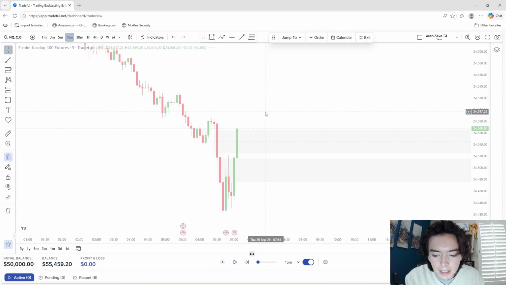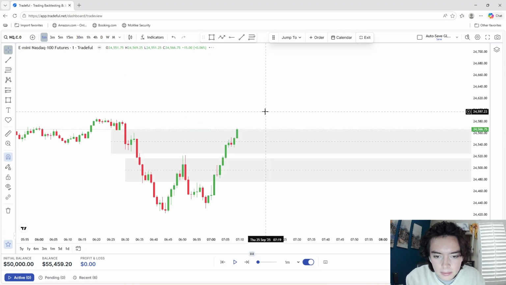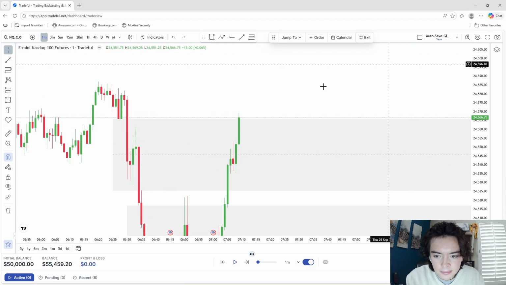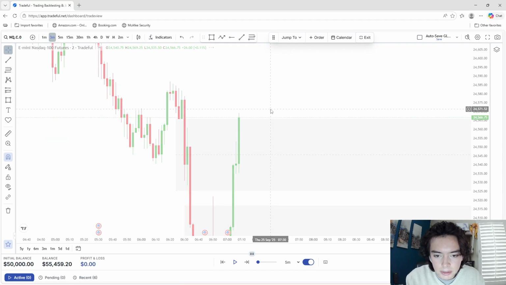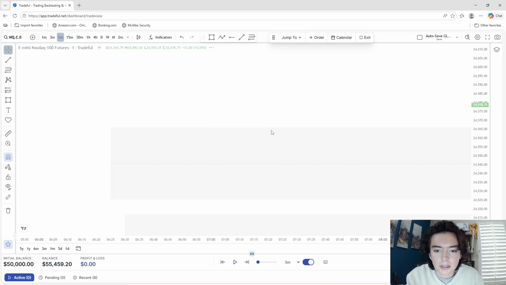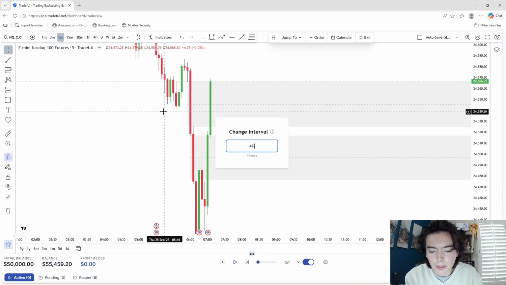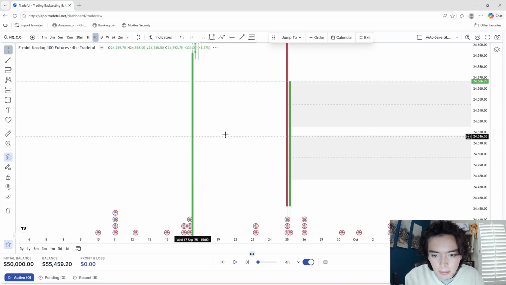I do like an idea for longs. It's not bad at all, but let's just see what we're doing here. Okay, this is actually looking pretty solid. I like this. Alright, so again, the reason for a long is we did end up rejecting off of a lot of higher time frame gaps.